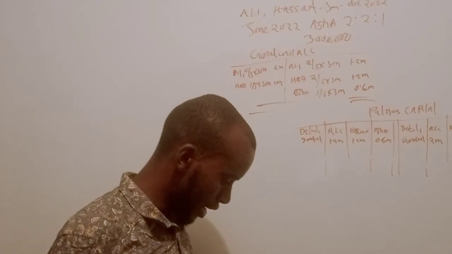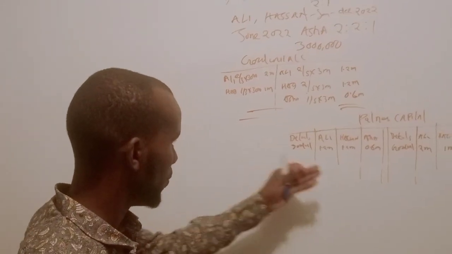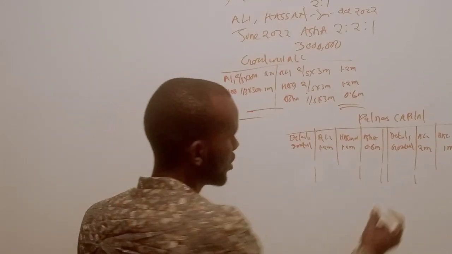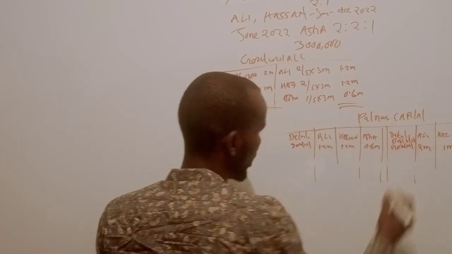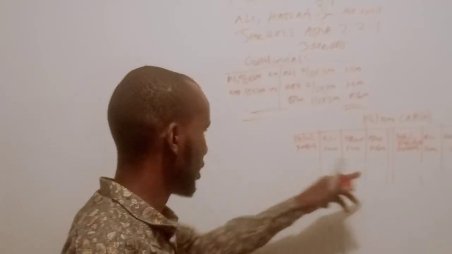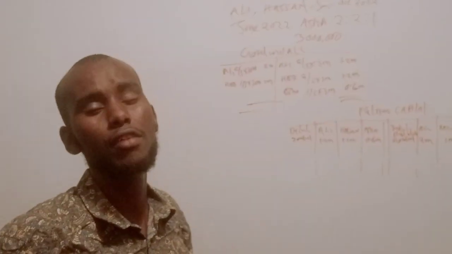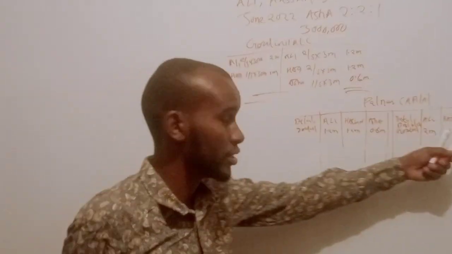And also, for this capital account, you are going to have the balance carried down. Because obviously here, you also have the balance brought down from the trial balance. You write the balance brought down. If the balance brought down were having positive values, they will come in the credit side.